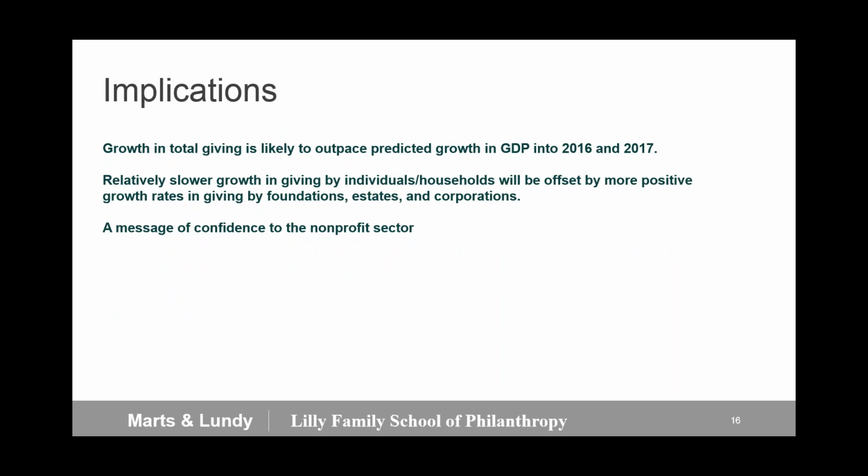And then finally, as we try to wrap up, our results suggest that this is a very positive time for charitable giving, especially when viewed with the results from the Great Recession.